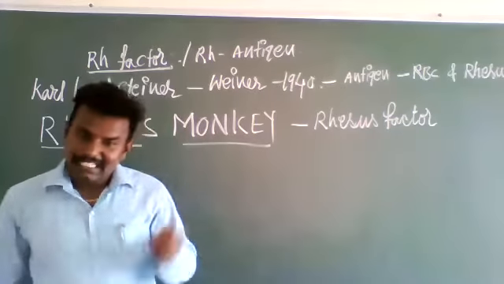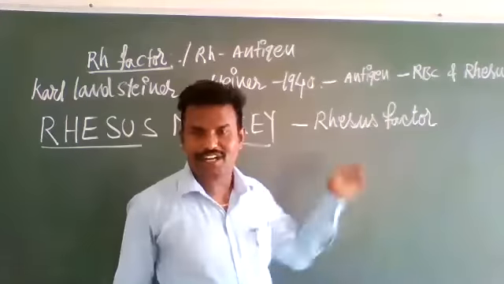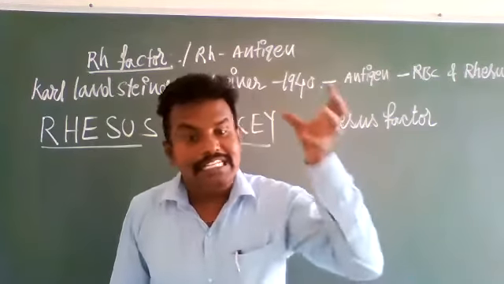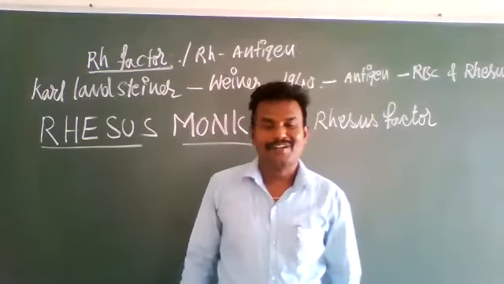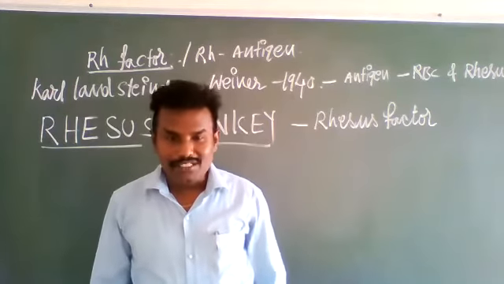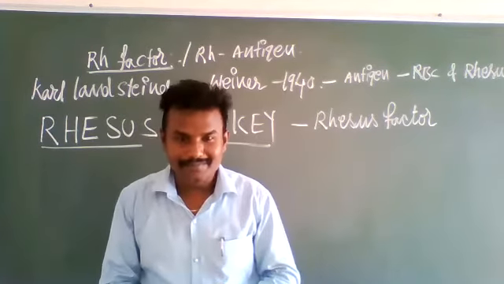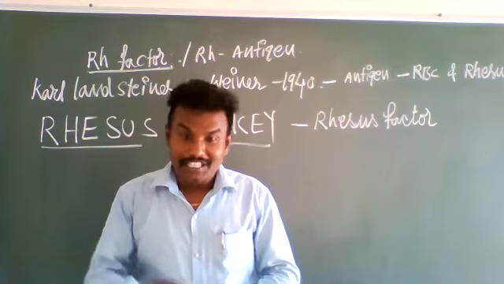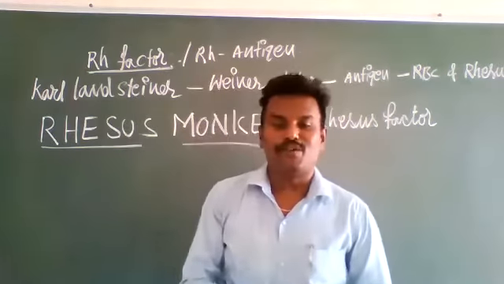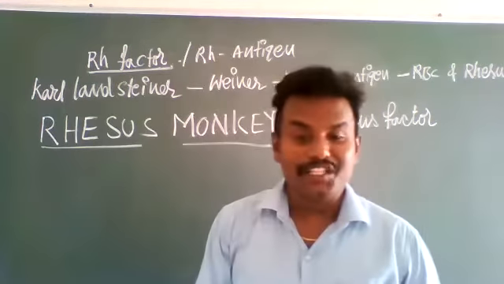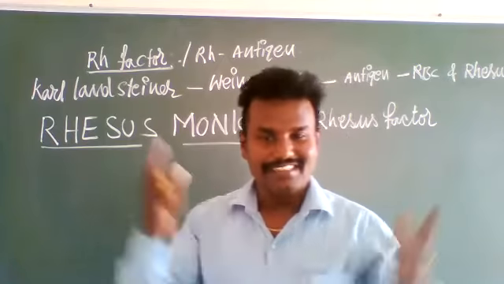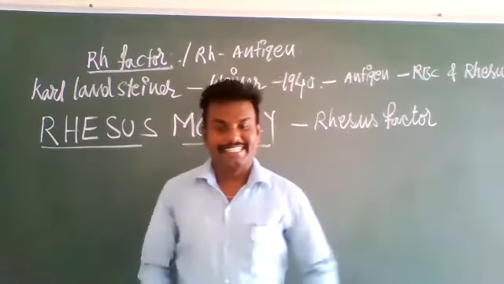After that, Karl Landsteiner and Wiener looked for the special antigens on the membrane of the red blood cells of human beings. Even in human beings they found the special Rh factor. Their experiment succeeded.